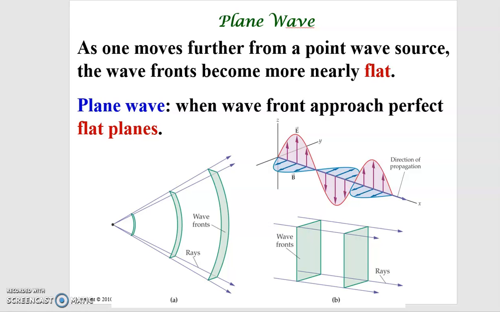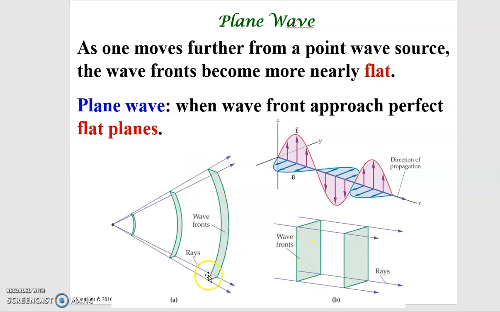Then I'm going to introduce the concept of the plane wave. If a source produces a spherical wave propagating outward, at a specific point in time you have the wave front, and the rays are always perpendicular to it. When we say a plane wave, we simply mean that the wave front is almost a perfectly flat surface.